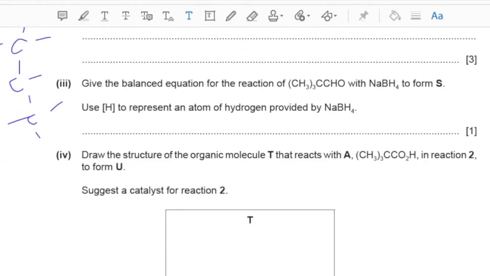Part 3, give the balanced equation for the reaction of CH3 thrice CCHO with NaBH4 to form S. Okay, NaBH4 is a reducing reagent, so it brings reduction to the aldehyde over here.